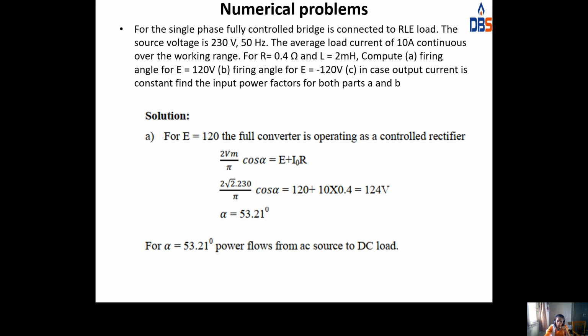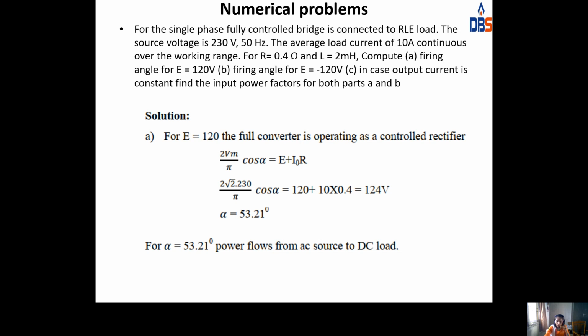Average output voltage V naught equals E plus I naught R. So 2 Vm by pi cos alpha equals E plus I naught R. Here Vm equals root 2 into 230 volts, so Vm equals root 2 into Vs. Substituting, 2 root 2 into Vs, that is 230 volts, by pi cos alpha equals 120 plus, here I naught is given as 10 amps and the resistance is 0.4 ohms.